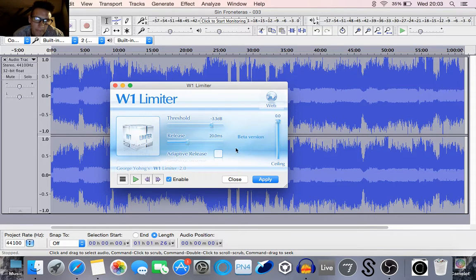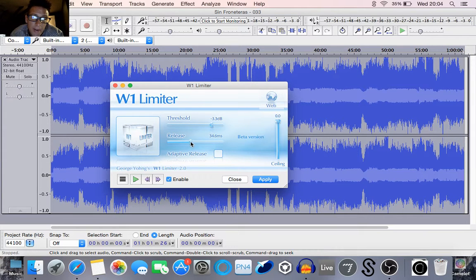But the algorithm built into this thing is the bee's knees. Once you set the ceiling, nothing will pass through the ceiling. So we set the ceiling here to, say, 0 decibels, which is unity gain, and nothing will pass through it, so you'll never clip. Now, the settings that we have here, so release time is 20.